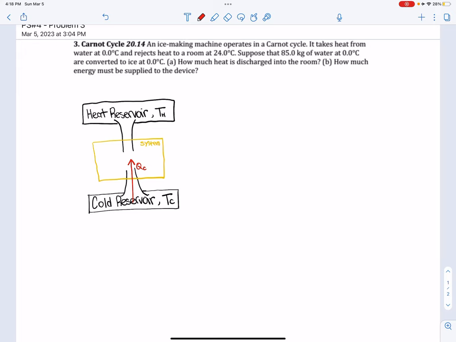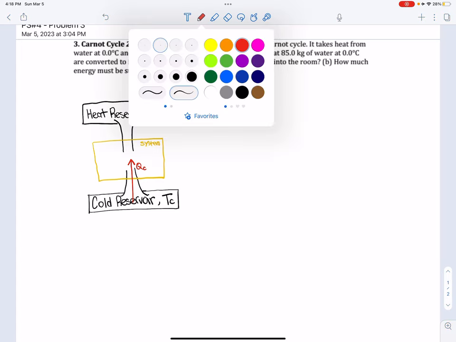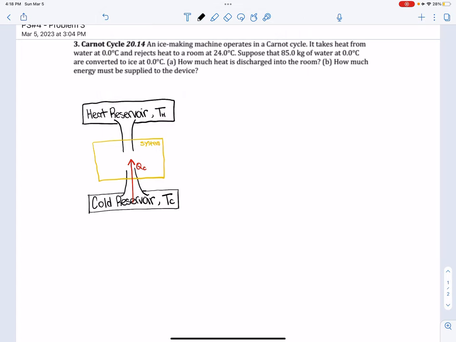And I know that it was given that TC, the temperature from the water and the cold reservoir, is at 0 degrees Celsius, so I'll write that down. Given my TC, my cold temperature, is equal to 0 degrees Celsius, okay?